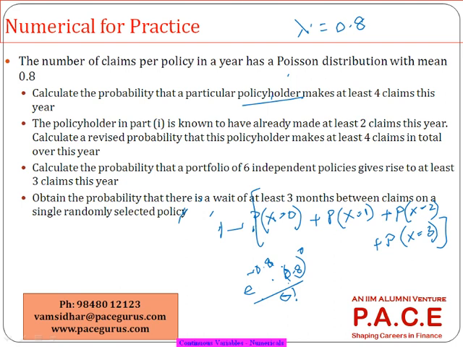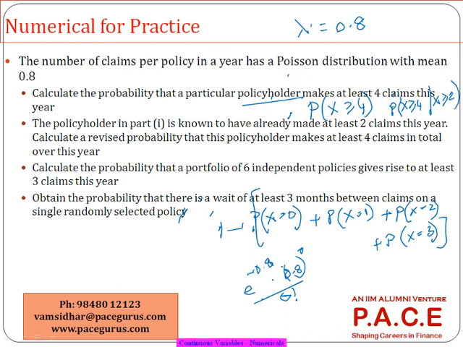Now what does it mean? At least 2 claims is already done. So the probability that x is greater than or equal to 4 is the earlier question. But now the question is becoming the probability that x is greater than or equal to 4 given that x is greater than or equal to 2.